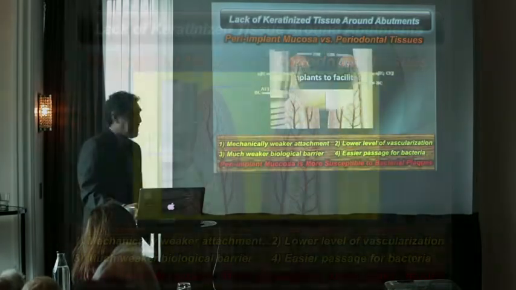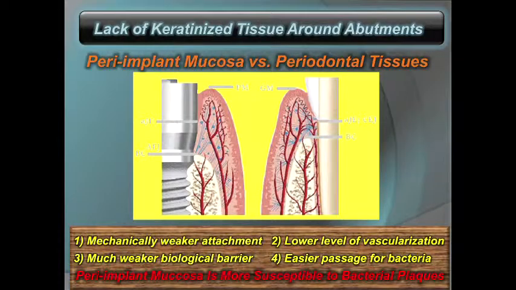And as you can see in this picture, the vascularization is quite much more than the implant area. The connection of the fibers is different, so it's not sealed, and in many cases, you can say that the connection of the soft tissue to the implant is mechanically weaker, and vascularization is less, of course.